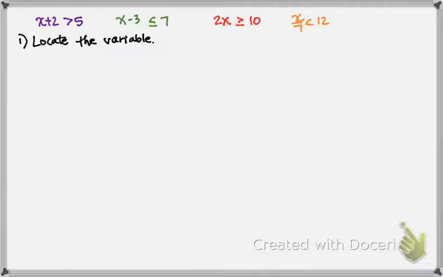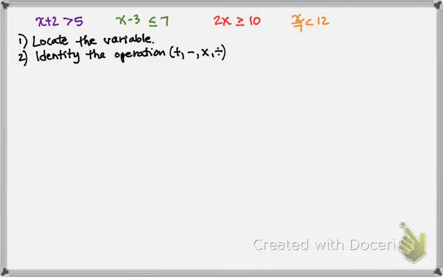Step 2. Once we find the variable, what's happening to it? We identify the operation. When I say operation, I'm talking about mathematical operations: adding, subtracting, multiplying, dividing.